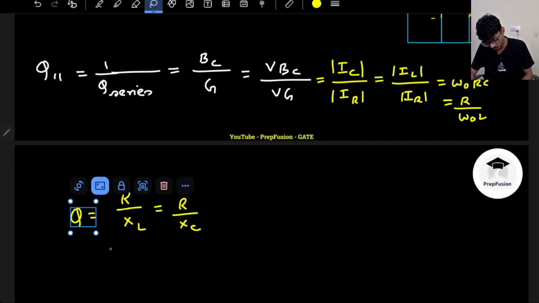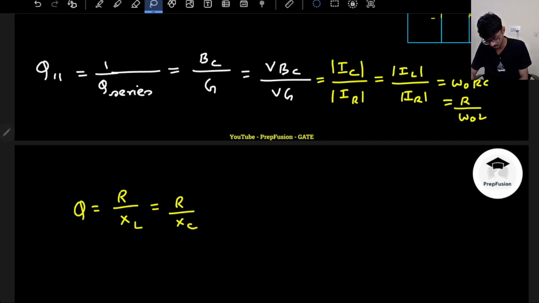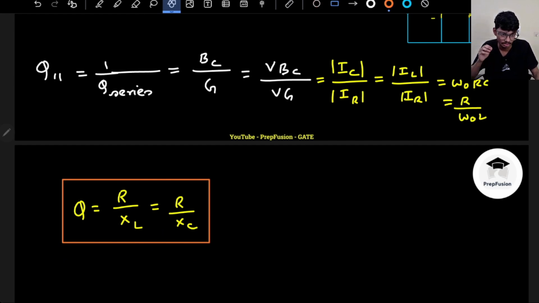Both ways work, it does not matter. There are numerous formulas, you don't have to remember everything, just understand one and then you can derive all the other results.